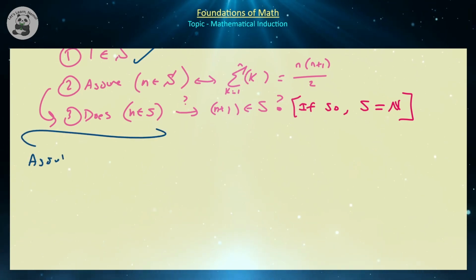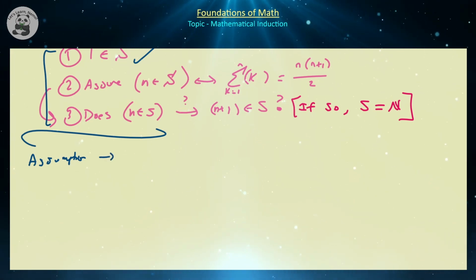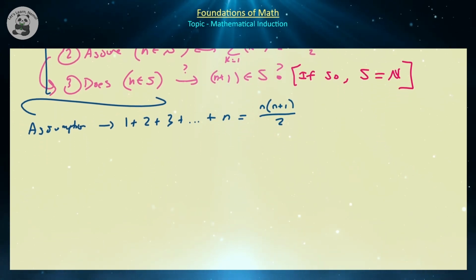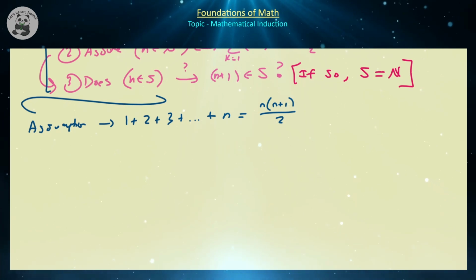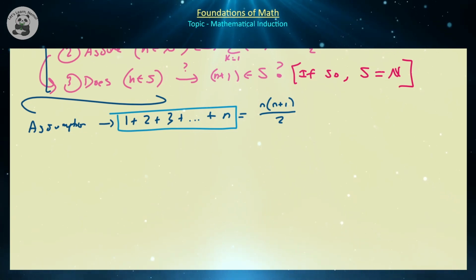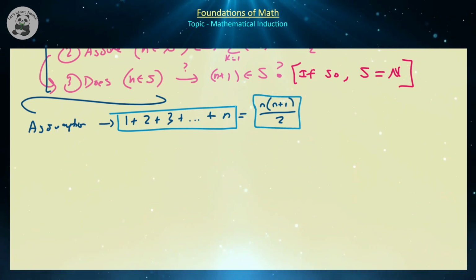So what is our assumption? Our assumption, i.e. step 2 of our little 3-step process, is that 1 plus 2 plus 3 up to n is equal to n times n plus 1 divided by 2. So let's see if this implies the next step. I'm going to take the left-hand side of the assumption and add n plus 1 to it, and add n plus 1 to the right-hand side as well.